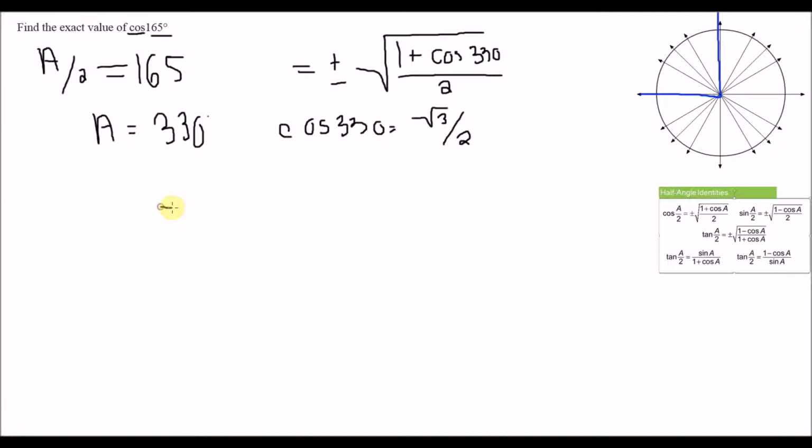We're going to fill that in for our cosine 330. Okay. There we go. And like the other one, we're going to split these two things up.